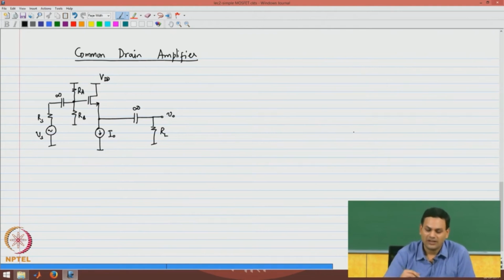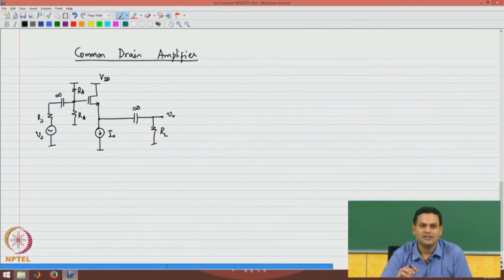Now, again we can go through the same procedure. We will write down the DC parameters for the circuit, the DC voltages and currents, then we will figure out the small signal parameters from the DC voltages and currents, and then we will figure out the gain of the circuit.